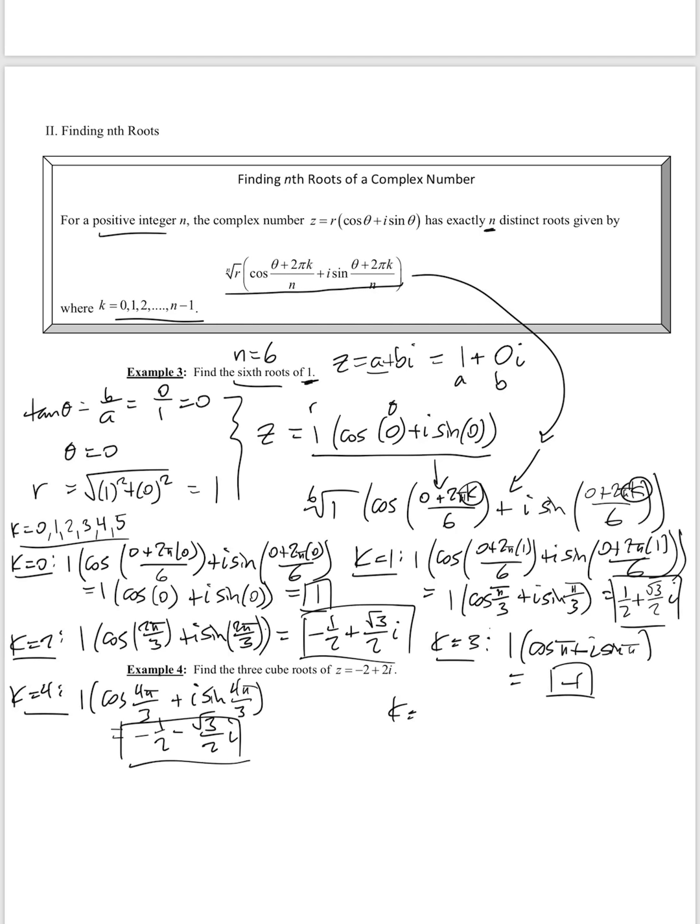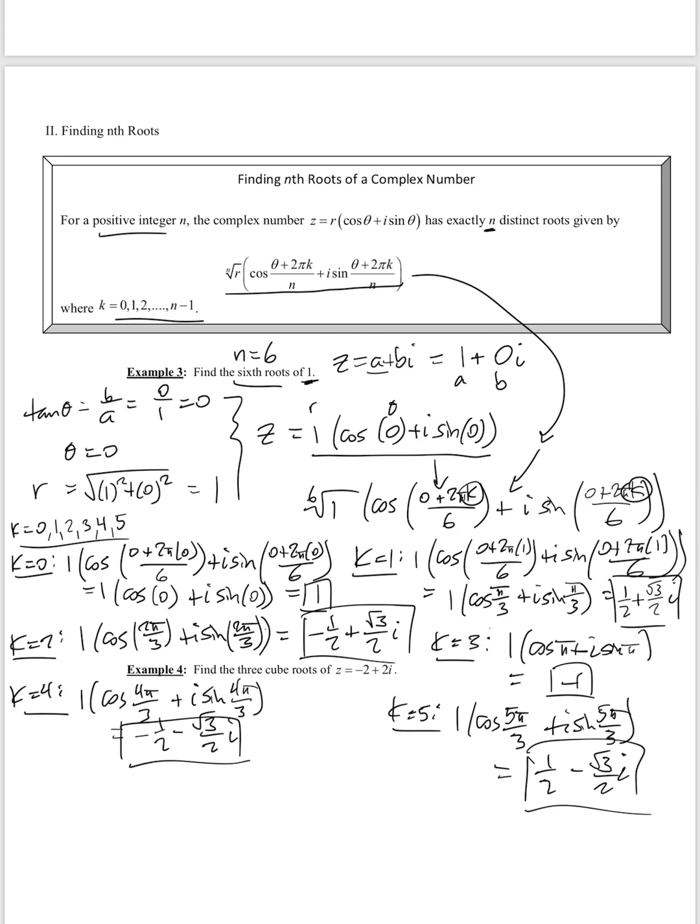And then finally, k equals 5 is 1 times the cosine of 5 pi over 3 plus i times the sine of 5 pi over 3, which simplifies to 1/2 minus square root of 3 over 2 i. And that's it. We have the 6th roots of the regular number 1.